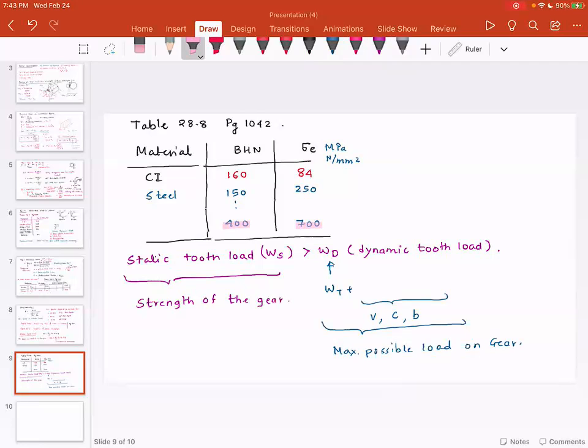So I can make sure that my static tooth load is greater than the dynamic tooth load, because the dynamic tooth load is basically coming from the loading conditions. And the static tooth load comes from the basic design specifications.